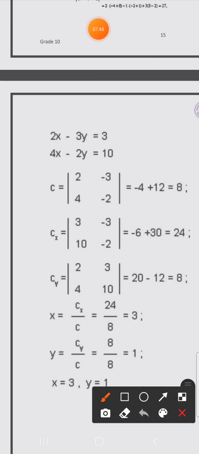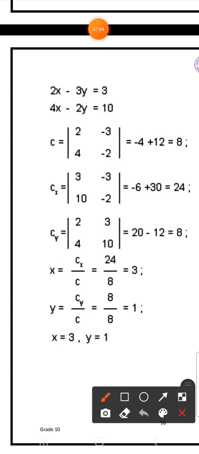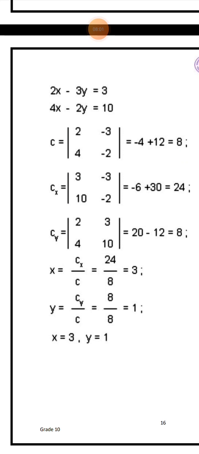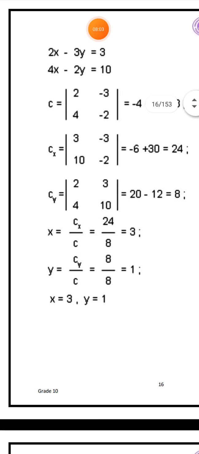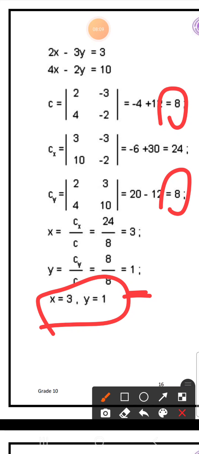So what you got here is d, dx, dy. You will get x by dx over d, so it will be 24 divided by 3. If you want y, dy, which is 8, over d, to get 1. So you have here x equals 3 and y equals 1. And that's all. Thank you.